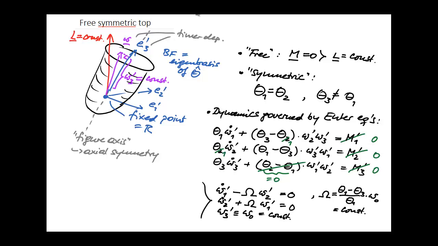I claim that whereas the vectors omega and E3 prime generally move, they vary in time, at all times the three vectors L, angular momentum, omega, angular velocity, and E3 prime, which spans the figure axis, lie in one plane. And I would like to derive from the equation of motion that this is true.